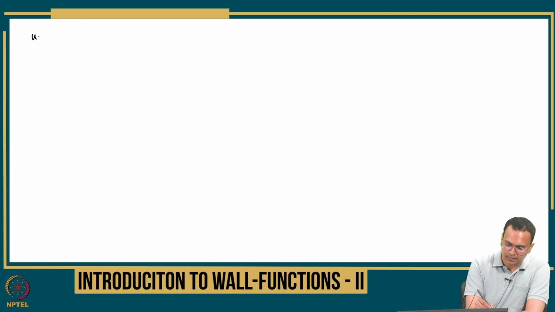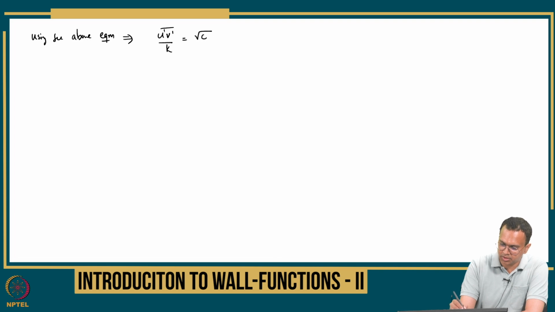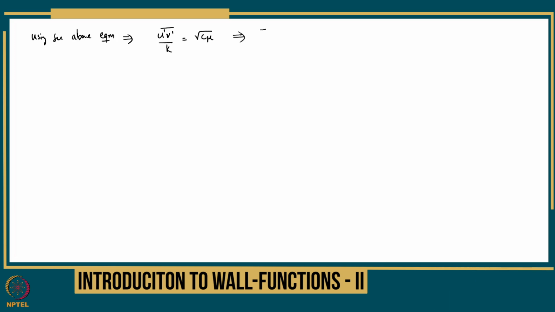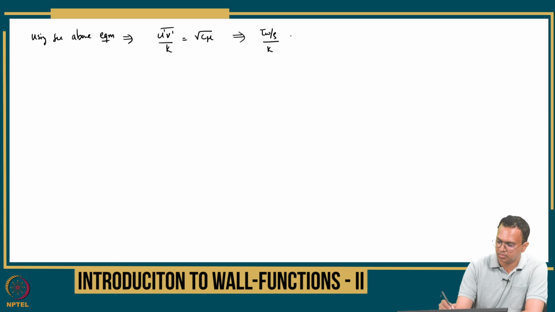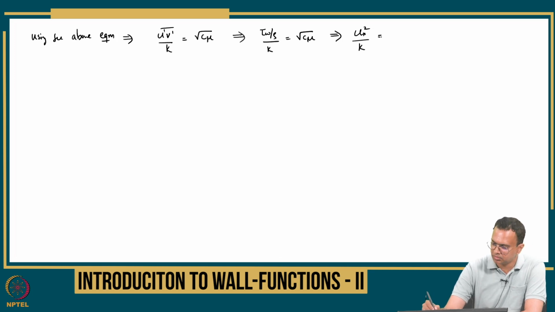So therefore, using the above equations, what I get is u prime v prime over bar by k equal to square root of c mu, right? It's nothing but u star square by k equal to square root of c mu.